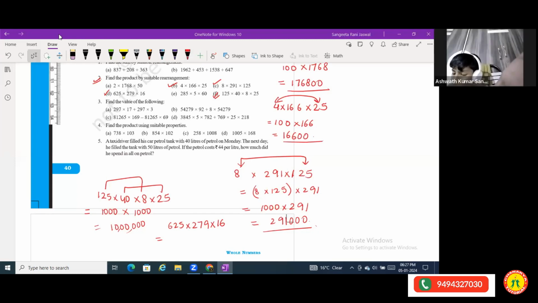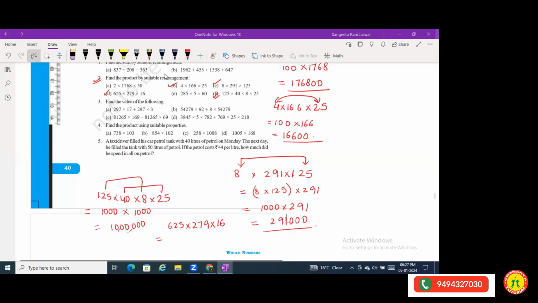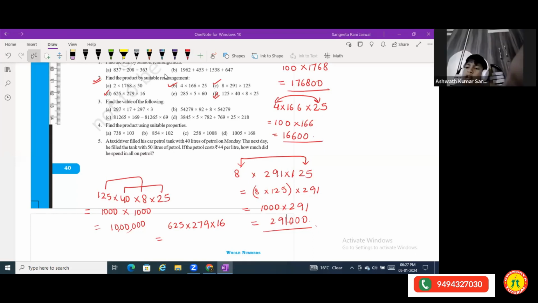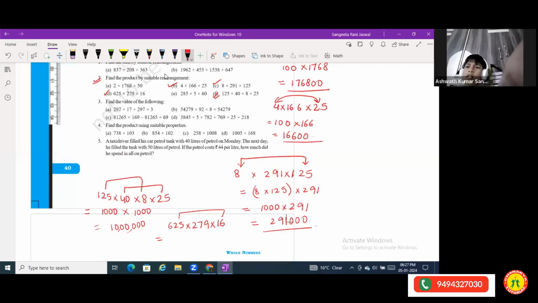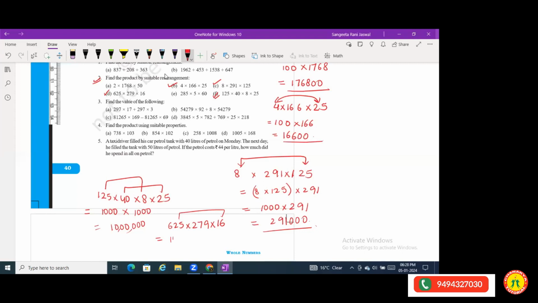Ma'am, 27 lakhs 90,000. Okay. So which two numbers did you multiply first? Ma'am, I multiplied 625 into 16. Very good. What did you get after multiplying this? 10,000.